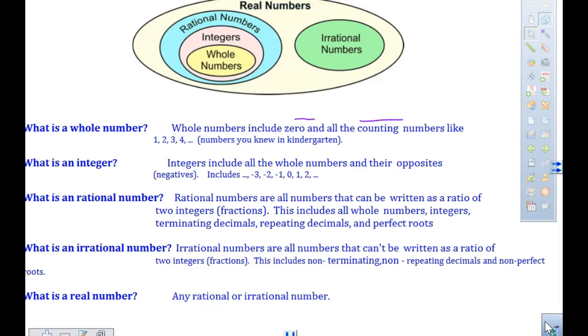But I do think it's helpful to have, oh, it's 0 and the counting numbers, right? Like this. And it's whole numbers and their opposites with the negatives. And it's fractions is what rational really means. But it includes all of these things, right?